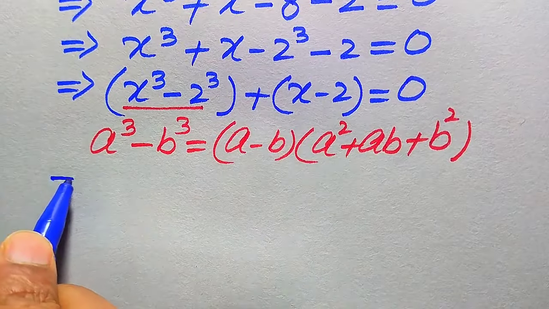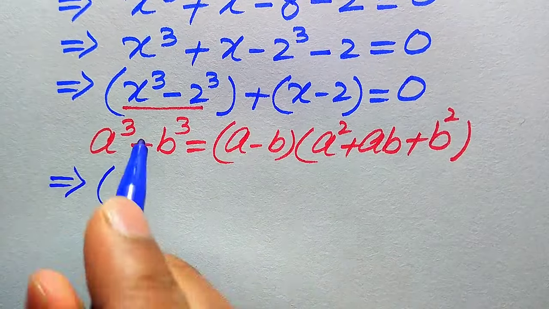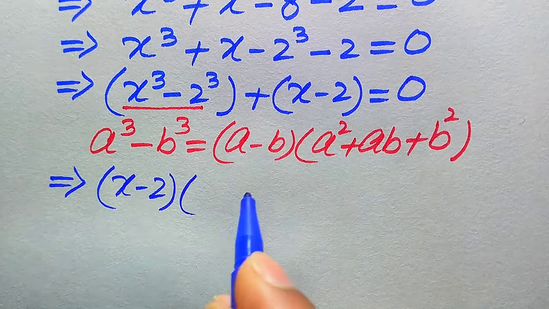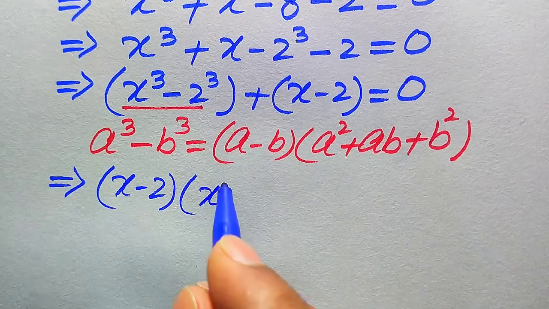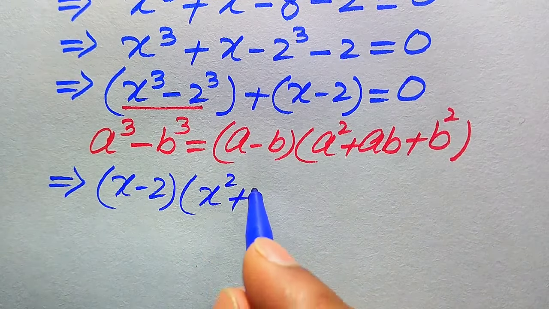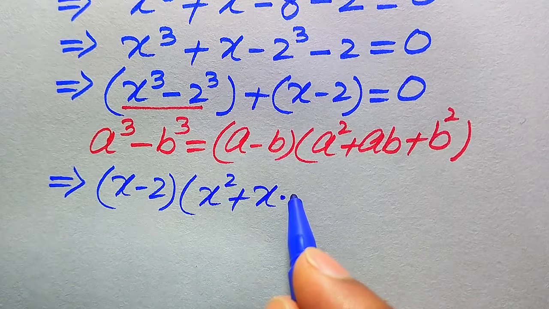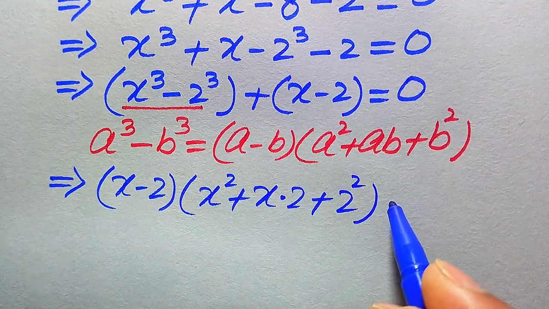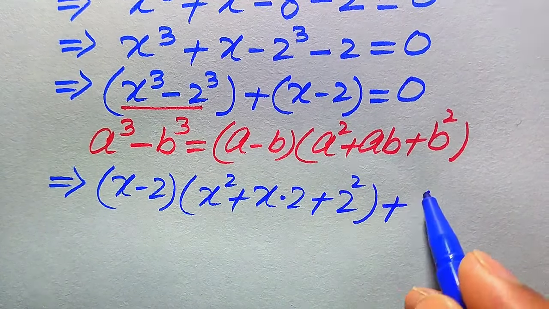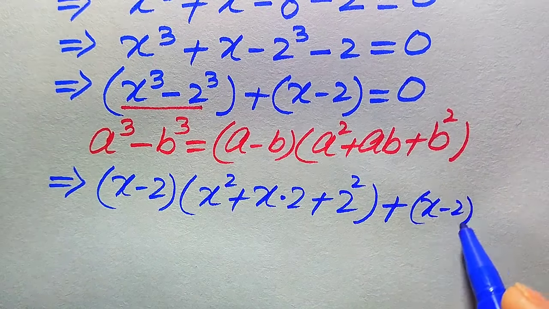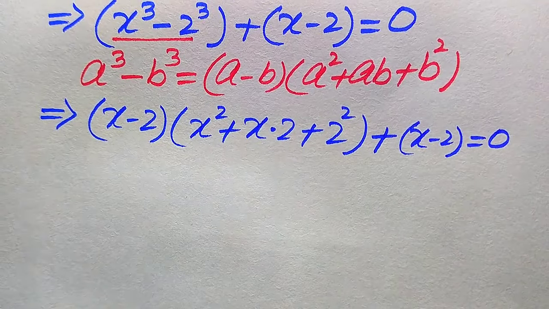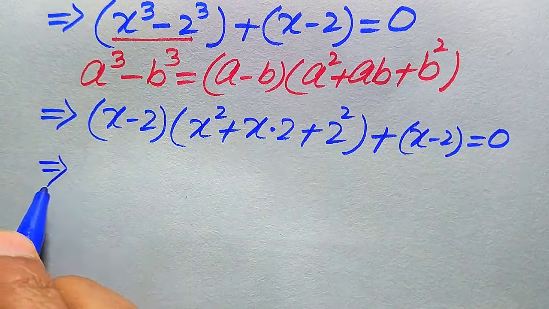So this is our x cubed minus 2 cubed, and when we apply this formula it will be written as x minus 2 times a square, here our a is x, so x square plus ab, here our a is x and b is 2, plus b square, and b is 2 squared, and plus x minus 2, and this whole equation is equal to 0. And now in the next step we need more simplifications.